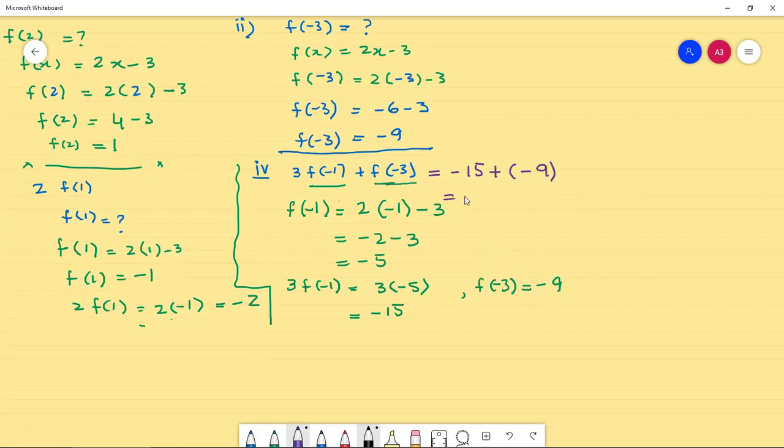So minus 15, this plus minus will become minus 9, and minus 15 minus 9 will become minus 24. So here is your final answer, negative 24. Here I write the final answer, 3 into f of negative 1 plus f of negative 3 is equal to minus 24.